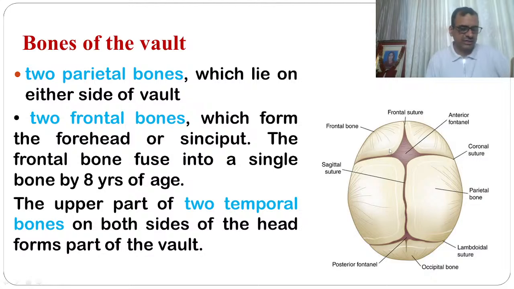So in the fetal skull there are two frontal bones, which form the forehead, also known as the sinciput. The frontal bones fuse into a single bone by 8 years of age. The upper part of the two temporal bones, which lie here, takes part in the formation of the vault.